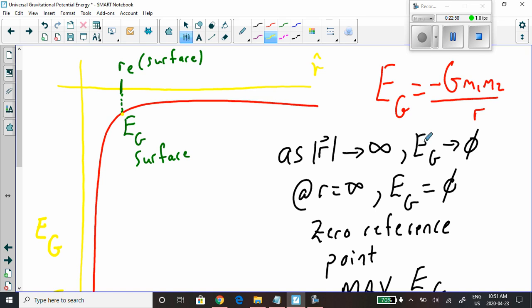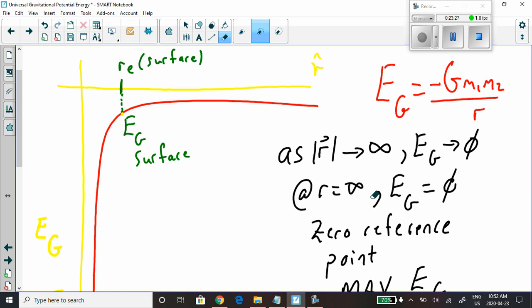So think about that. The further you get away, your gravitational potential energy approaches zero. What this is saying is if you could get to infinity, wherever that is, at r equals infinity, that is where we are defining universal gravitational potential energy to be zero. It is defined to be zero at r equals infinity.